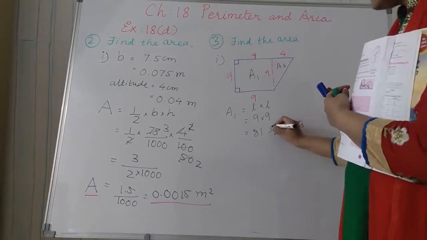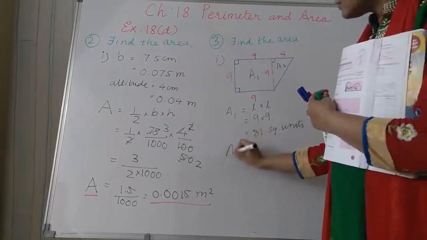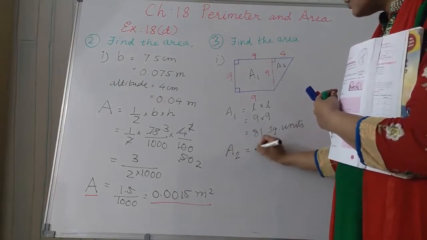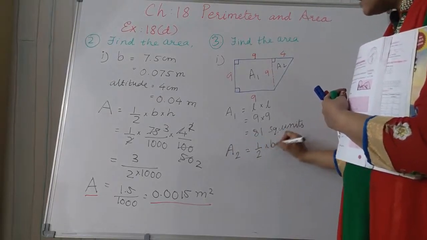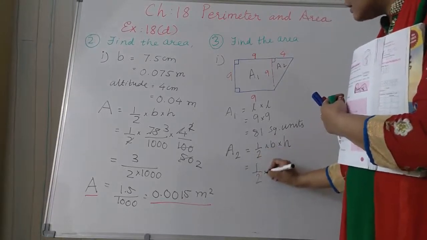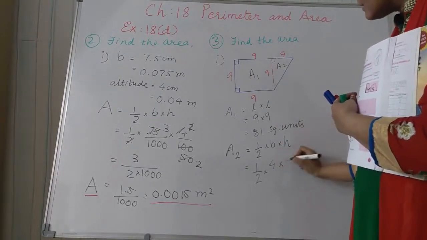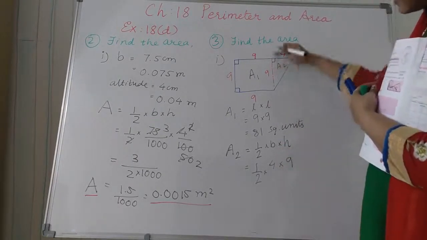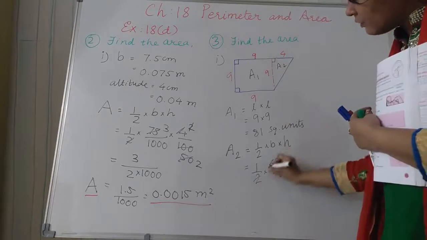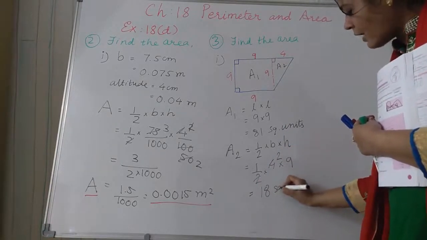Next, there is a triangle shape and it is also a right angle triangle. So A2 is equal to half base into height. So half, the base here is this one, which is 4, and the height is 9. You can see this is the height. So now solving, 2 2s are 4 and 9 2s are 18 square units.